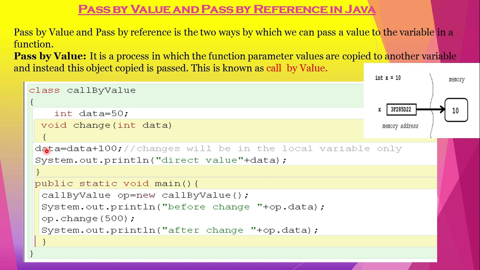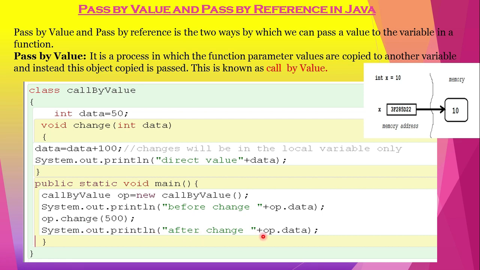Now data is equal to data plus 100, that means 500 plus 100, 600. That will be printed directly. So 600 is printed.